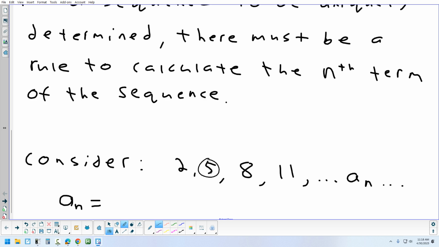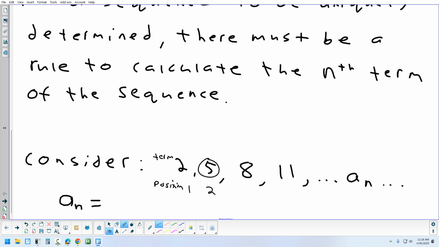Yeah? You add 3 to your last term. You add 3 to the one that comes before the one that you're looking for. So add 3 to the one that's before. So this is the actual term. Let's put the position of the term underneath it.